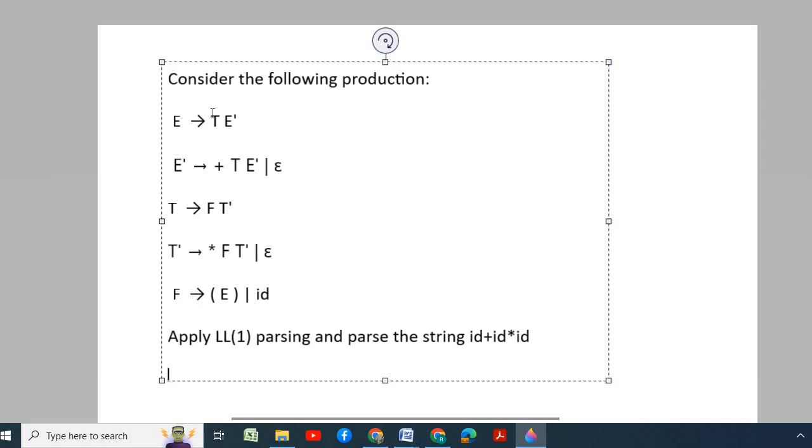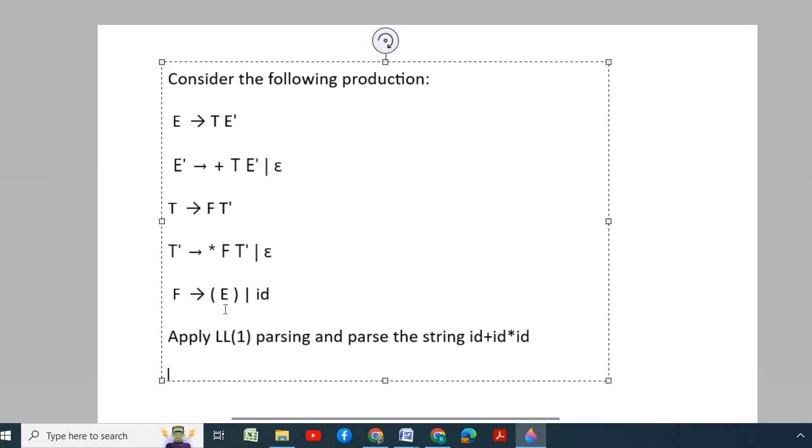Let us consider this as a question. Here the production is given as E tends to TE', E' tends to +TE' | epsilon, T tends to FT', T' tends to *FT' | epsilon, and F tends to (E) or id.